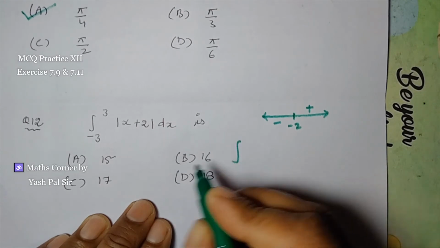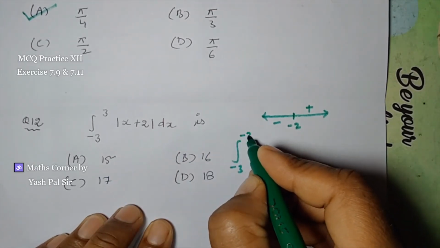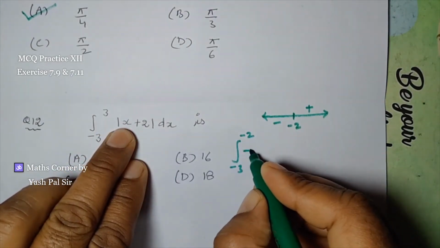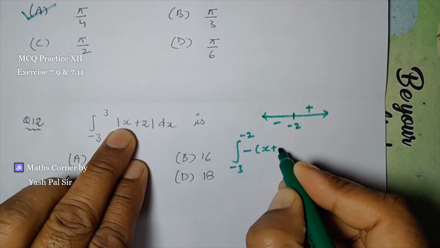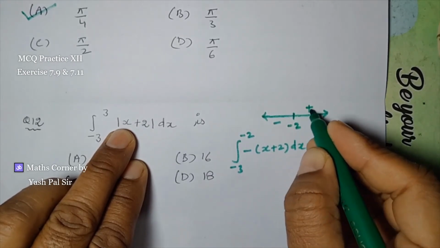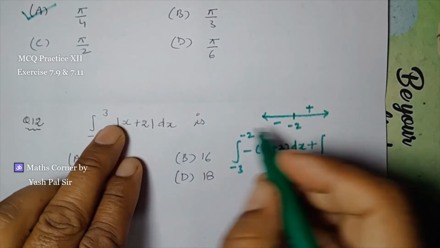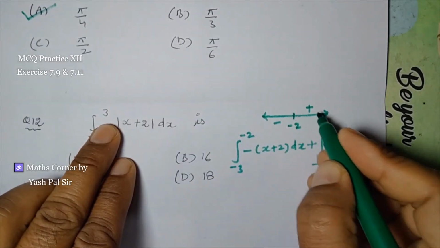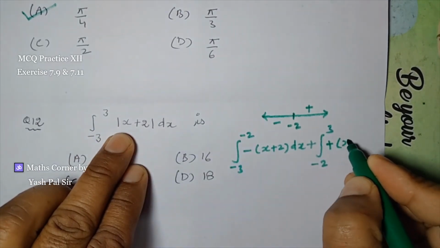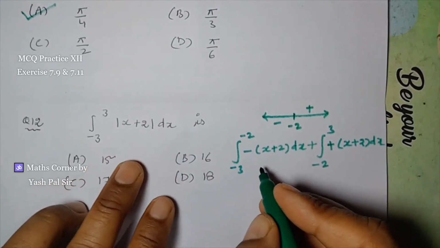So from minus 3 to minus 2, on the left side, the modulus is negative, so minus x plus 2 into dx. Thereafter, after minus 2 up to 3, the modulus is positive, so we put plus x plus 2 into dx, right?